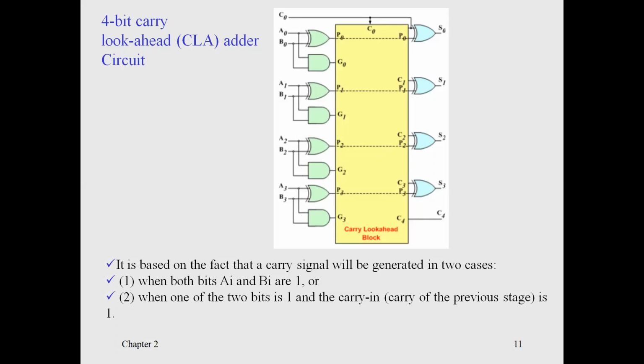It examines all the input bits simultaneously and also generates the carry bits for all the stages simultaneously. This method of speeding up the addition process is based on two additional functions of the full adder, called the carry generate and carry propagate functions.